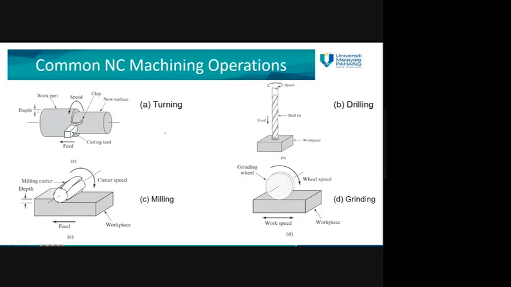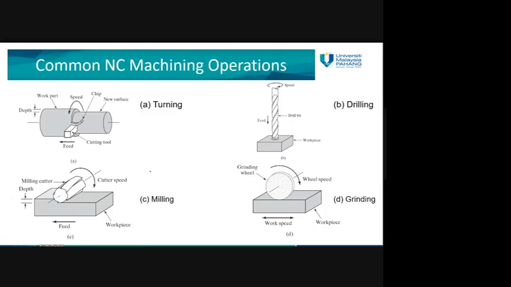As you can see here, this is a representation of the turning process, milling process, drilling process, and grinding process, and it shows some of the tools that will be used to perform each type of machining. Later on, we are going to talk about some of these machines in detail in the upcoming chapters, and we are going to learn how to write the program to perform some of the commands or operations for these machines.